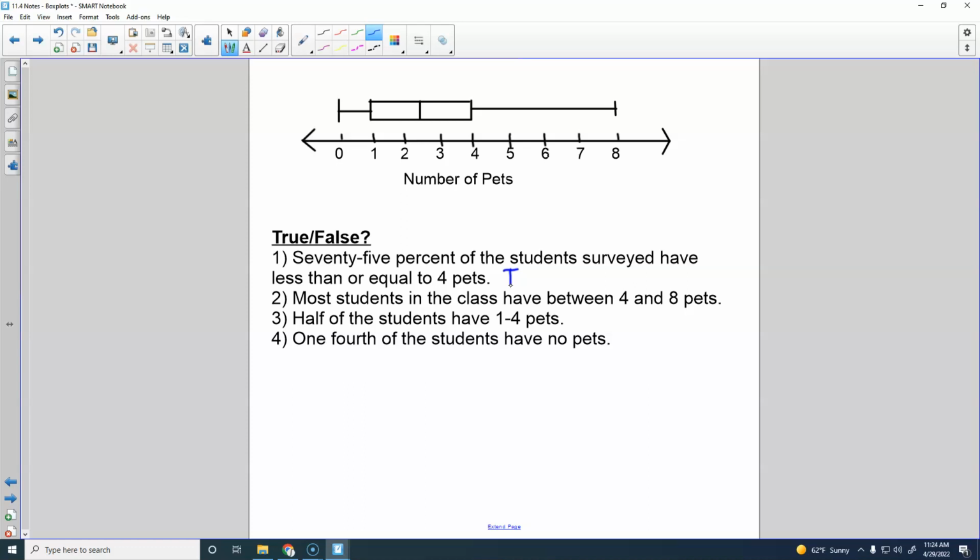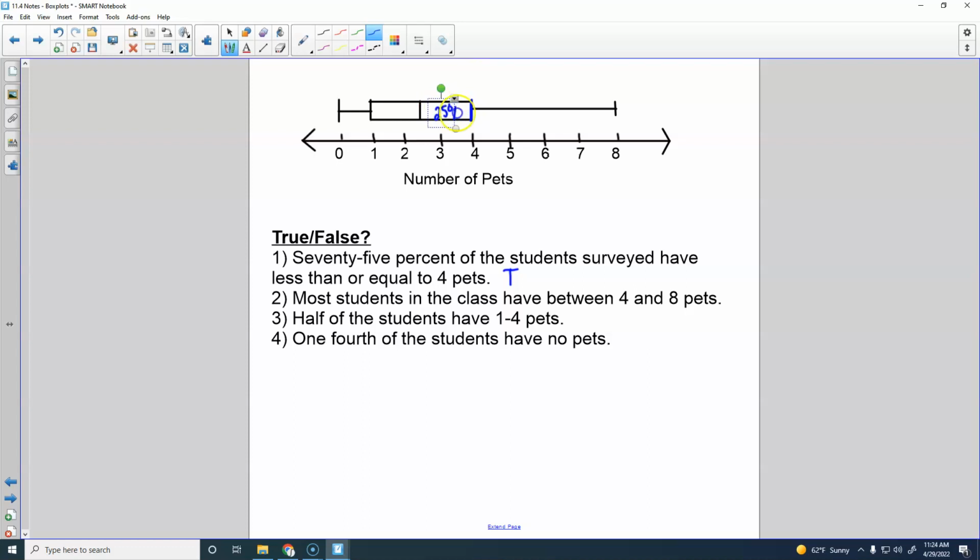So, right here is 4, right? If we look below, each piece of the box plot is 25%.